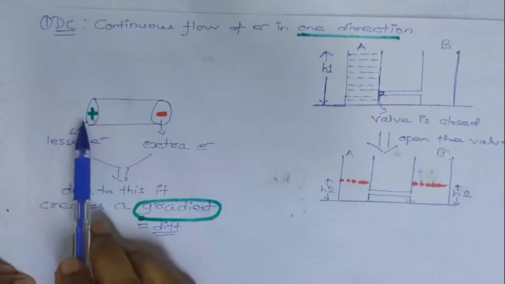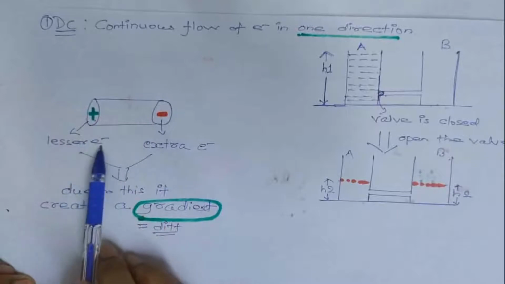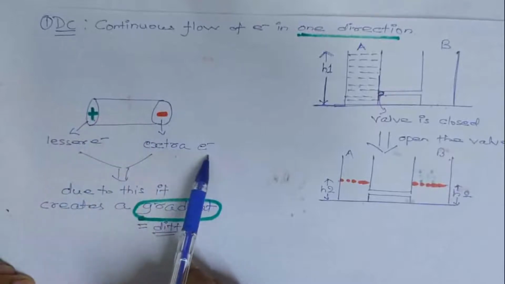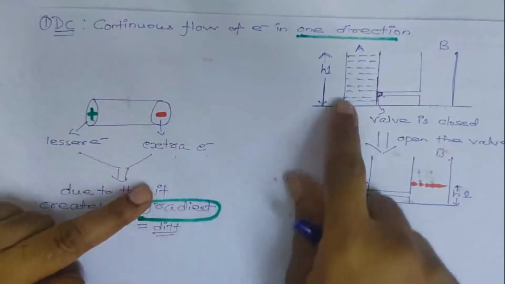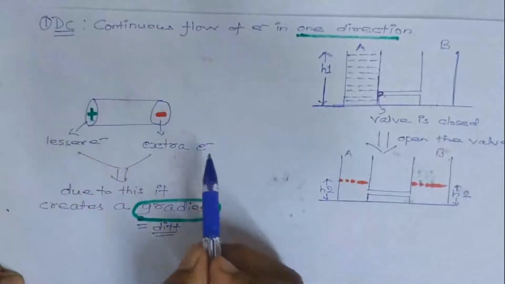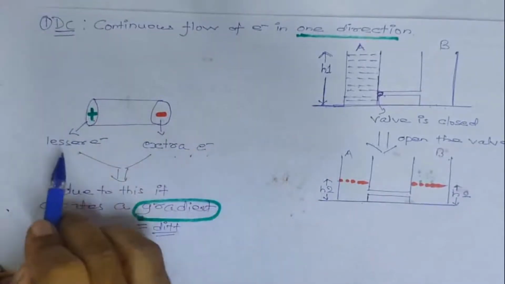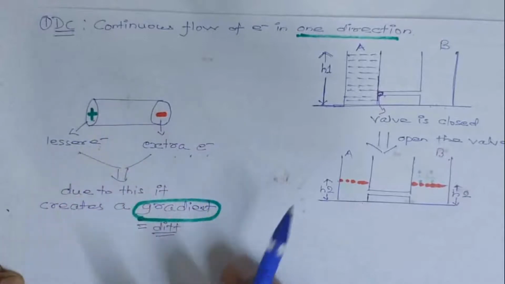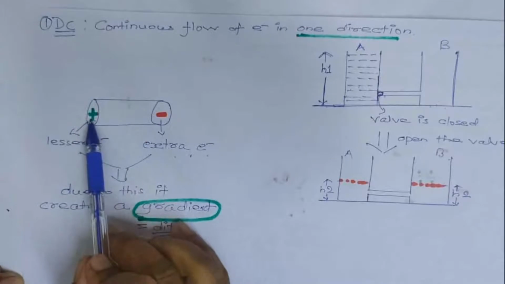So now I said it is plus and it is minus. It has fewer electrons and the other has extra electrons, so it causes a gradient. You can think of it as one having more electrons and the other having fewer electrons. So electrons will try to flow from this terminal to this terminal.